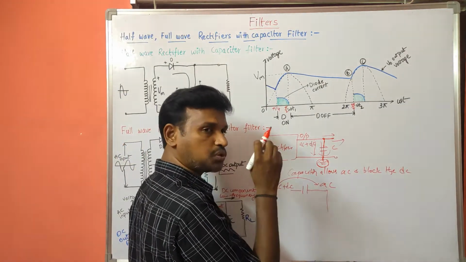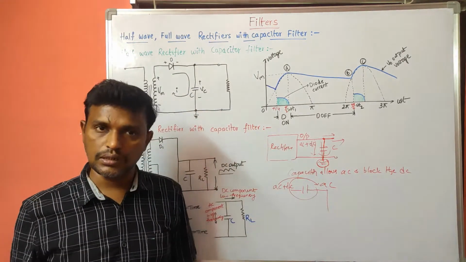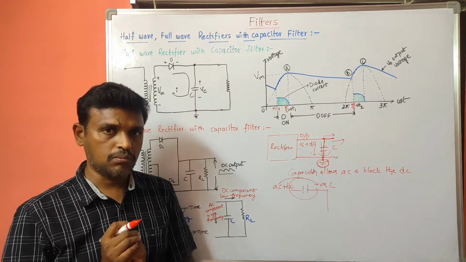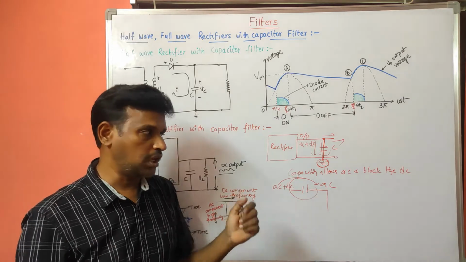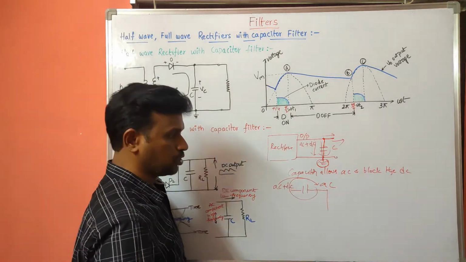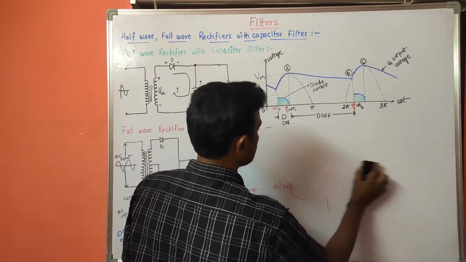Our required output is DC. That's why we cannot connect this capacitor at the output of the rectifier in series connection. Instead, we connect it in parallel. Okay, that's why it is called a shunt capacitor filter. So that is the basic reason why we have connected it in shunt.